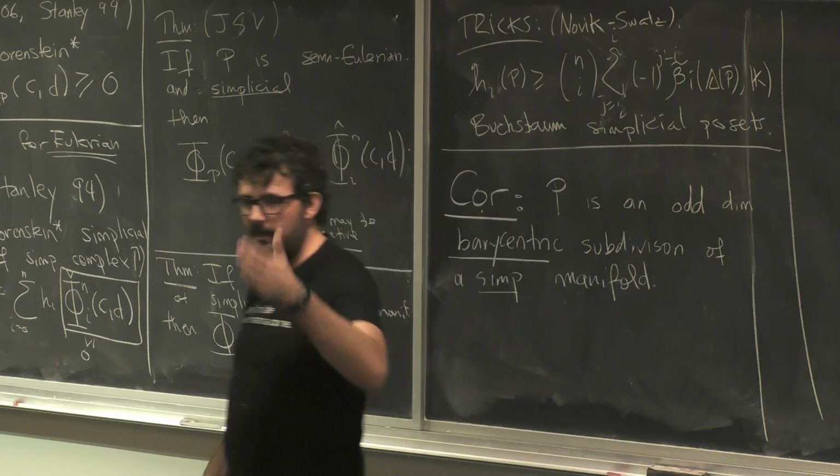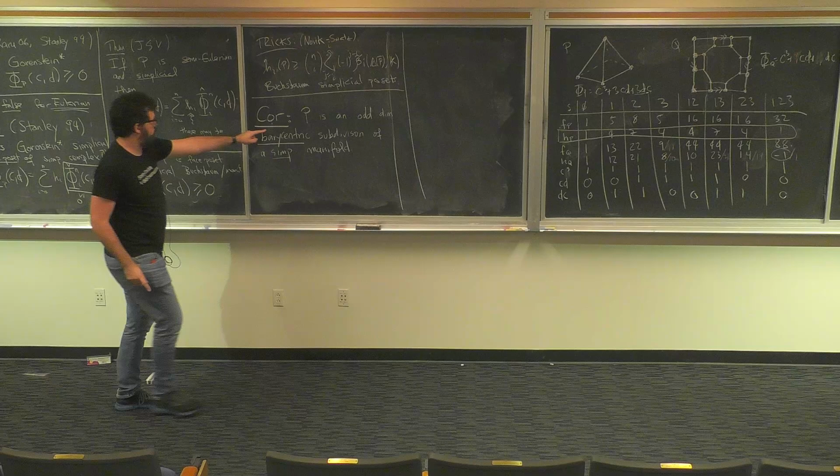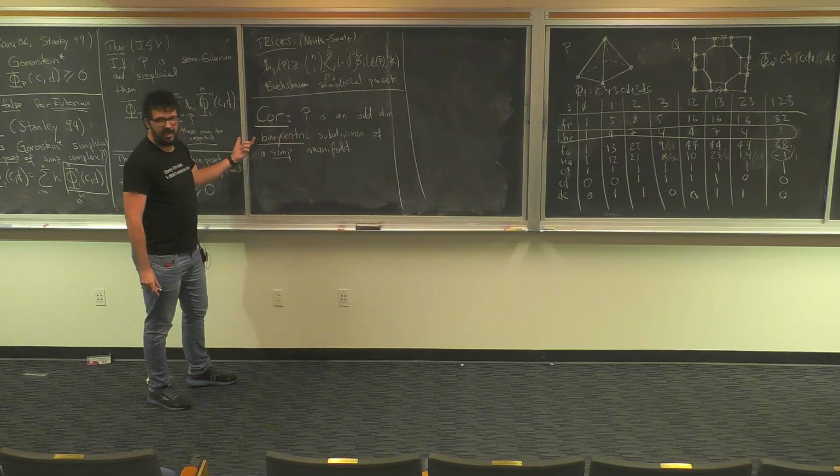So I can actually ask what's the H vector of that thing. It's symmetric. These barycentric subdivisions are flag simplicial complexes, and therefore have a gamma vector.